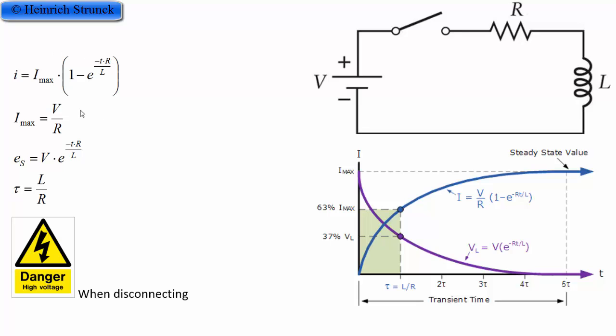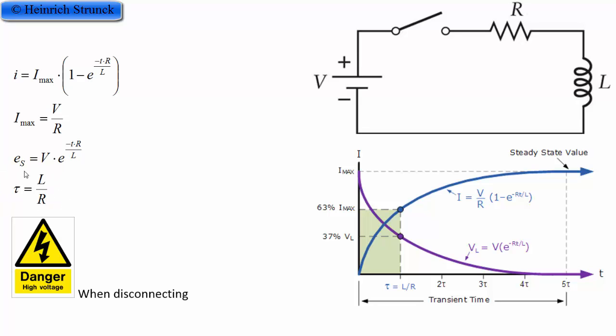The formula is nearly the same, just calculating the current, but up here we know that the power is minus time divided by time constant tau. So the time constant is the inductance divided by the resistance. And normally the inductance is a very low value and the resistance can be a high value.